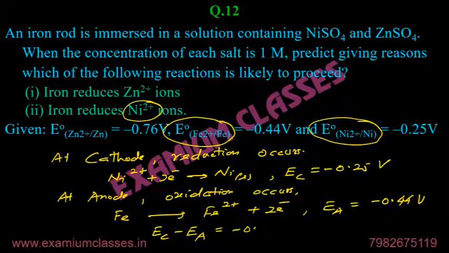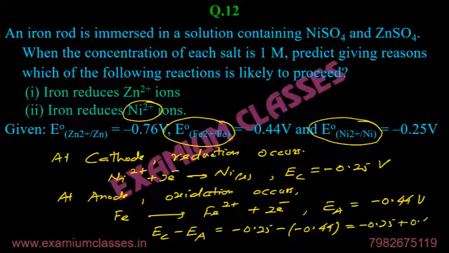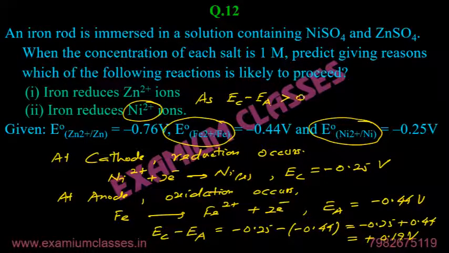It will be minus 0.25 minus of minus 0.44, that is minus 0.25 plus 0.44, meaning plus 0.19. As E cathode minus E anode is greater than 0, the reaction will happen.